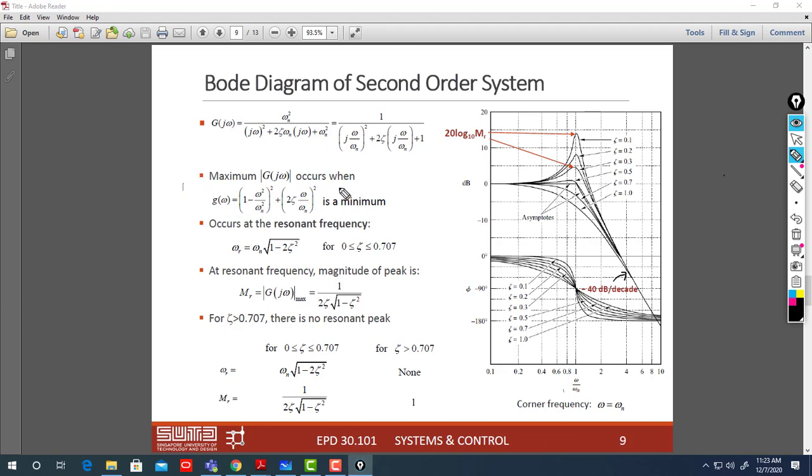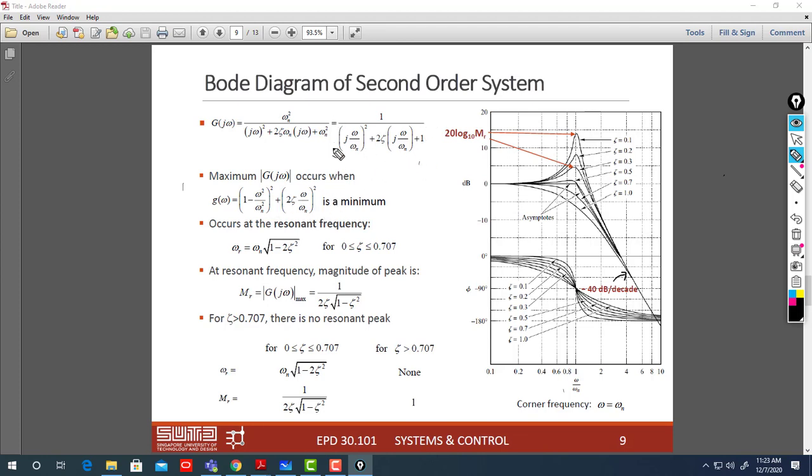Let's find the maximum of the magnitude of G(j omega). How much is this maximum? This maximum of magnitude occurs when the magnitude of the denominator is minimum.